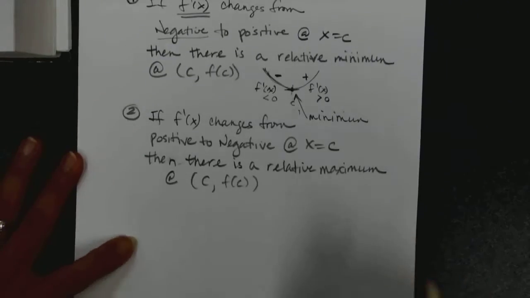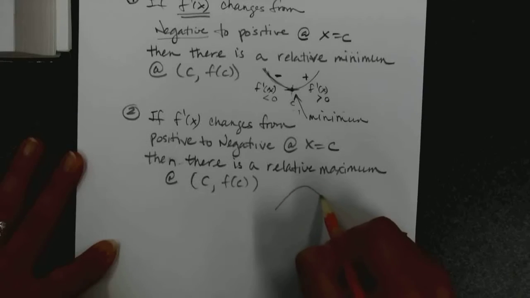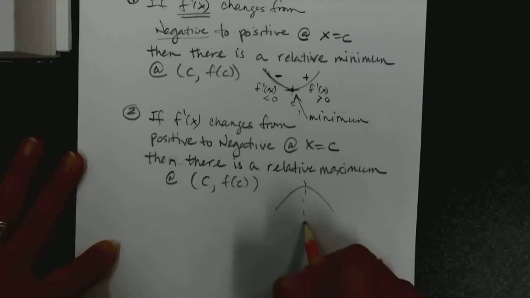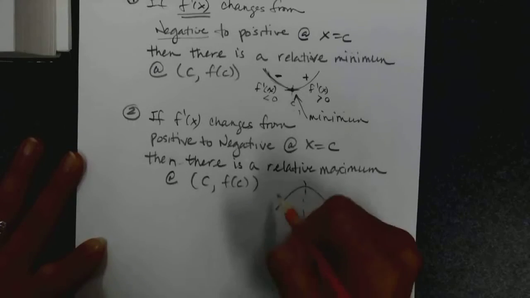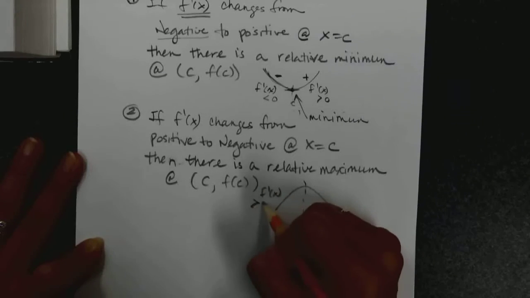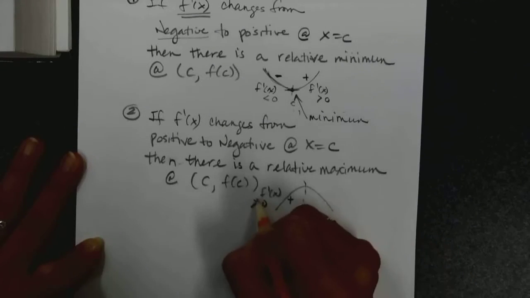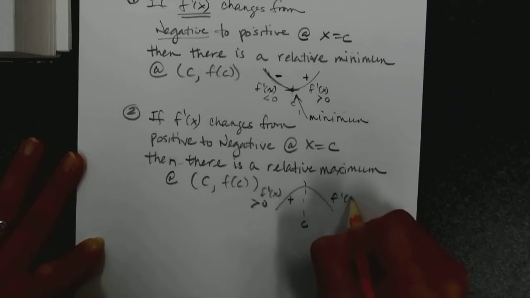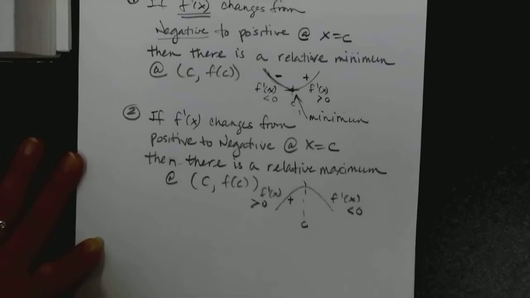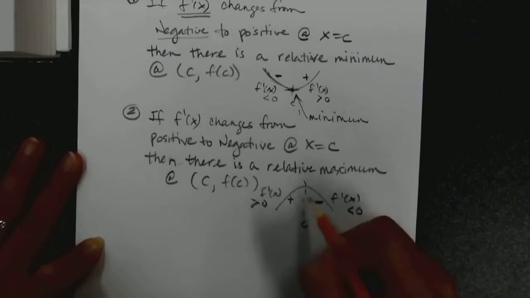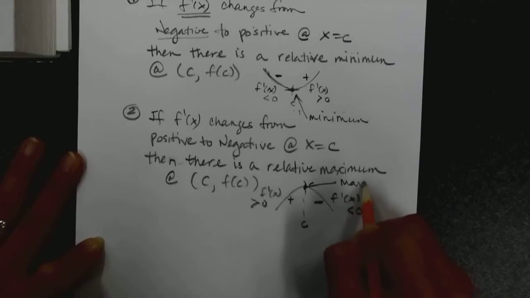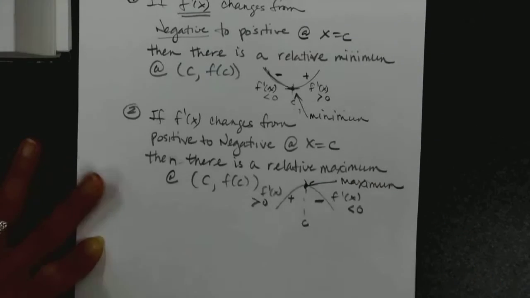So what this graph is saying is this: if I had a curve like this, and here's my c, this is f prime of x is greater than 0, so it's increasing. And on this side, f prime of x is less than 0, so that means negative. So this point right here is a maximum. Okay?